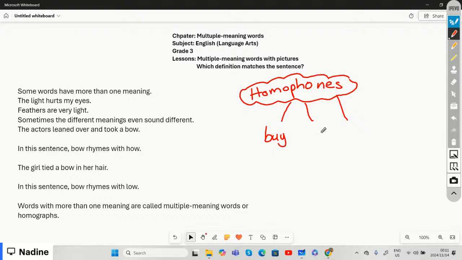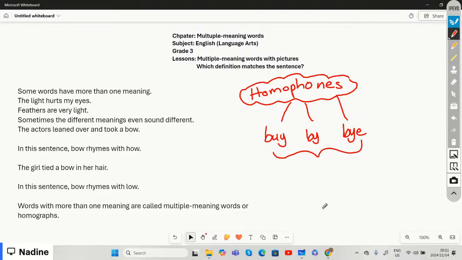We made examples of by, and by, right? These are three different words, three different meanings, three different spellings, but they sound the same. That is homophones. But now we have words with more than one meaning.